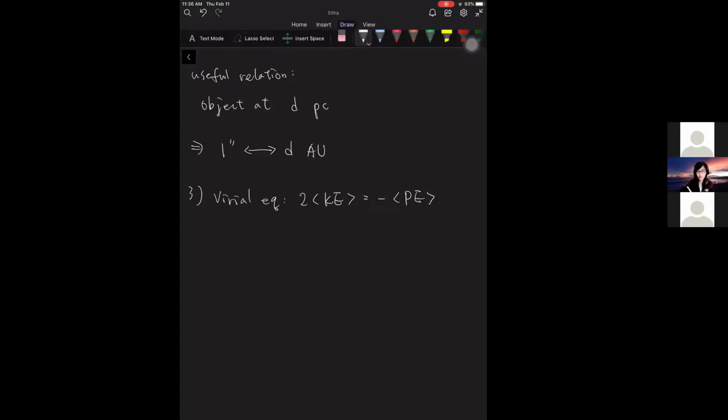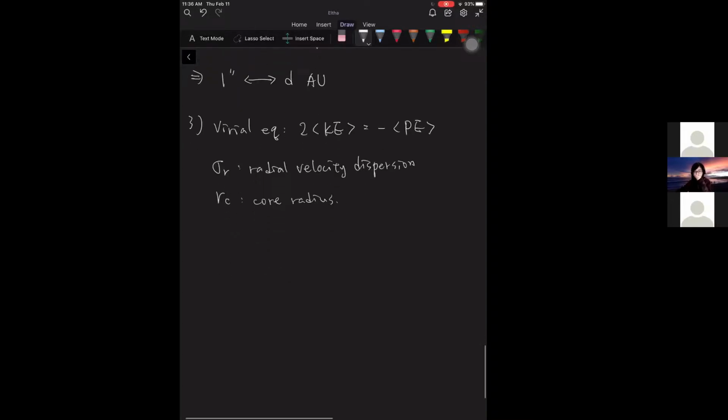So if we have observations of the radial velocity dispersion and the size, the core radius of the object, then we can easily use the virial equation. So I'll just simply write it out. So 2 times the kinetic energy, and the kinetic energy should be 3/2 m, the mass of the object, and sigma r squared.